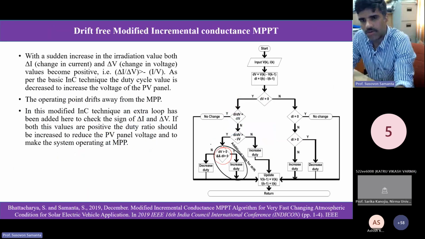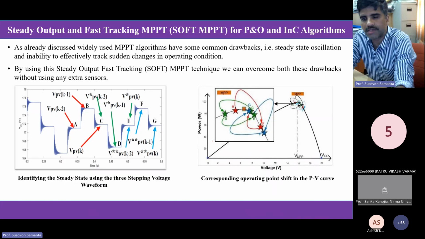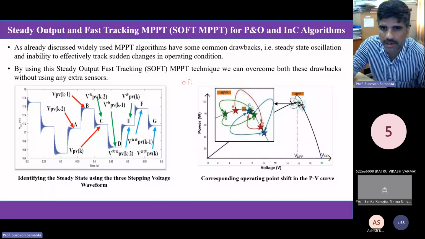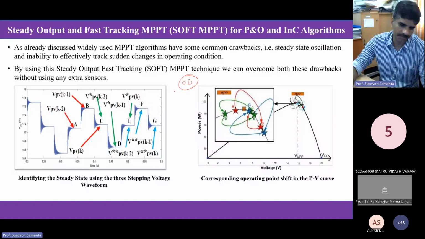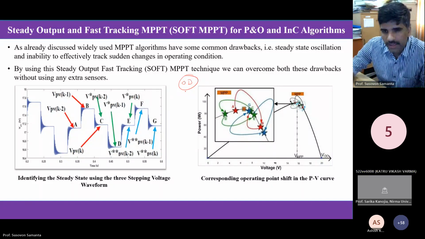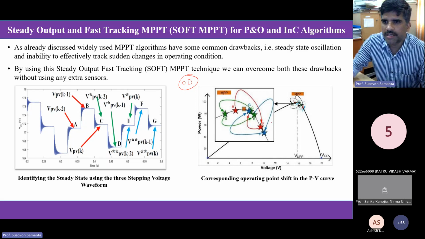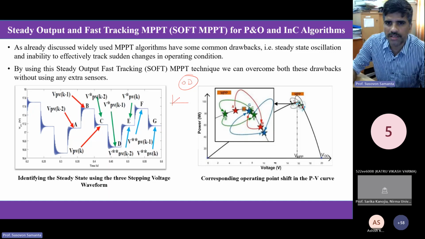So what I said is that both P&O and INC have a steady state oscillation, and this oscillation depends on the value of delta T that we have chosen. Then he thought, is it possible, because if it is near MPP, as we have seen, there is a three-step waveform, so it will move around the MPPT.